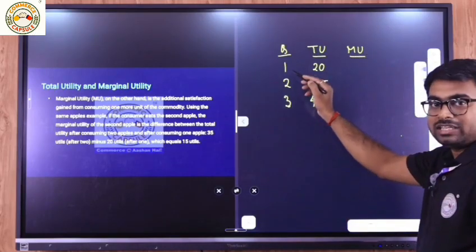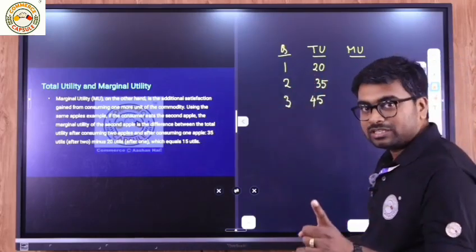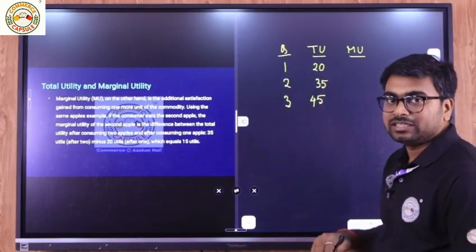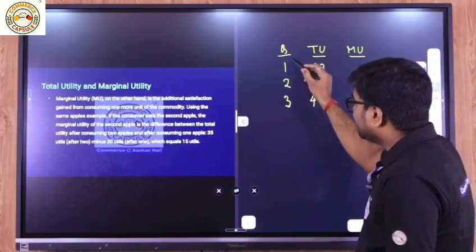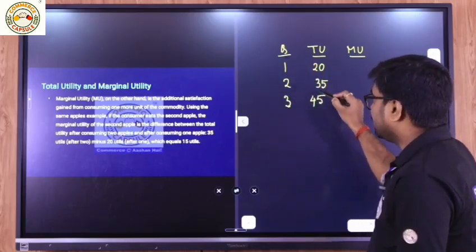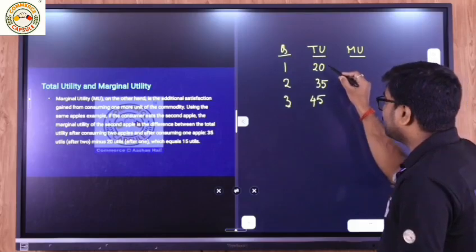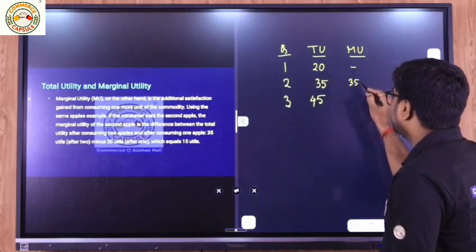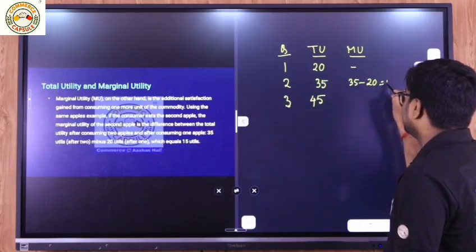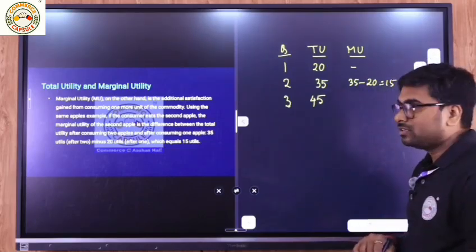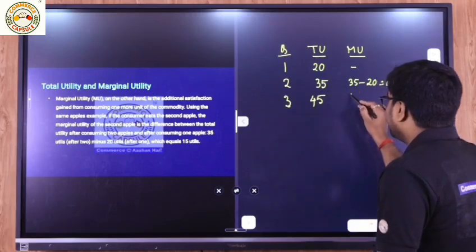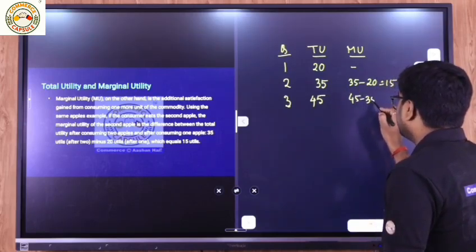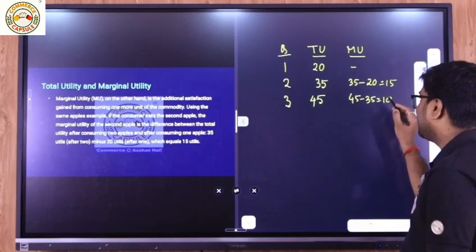So initially your consumption was the first unit, your utility was 20. For the second unit, total utility becomes 35. So the change is from 20 to 35, the change is 15. So how can you define these things? 35 minus 20, that is 15. For the next, again that will be 45 minus 35, that is 10.